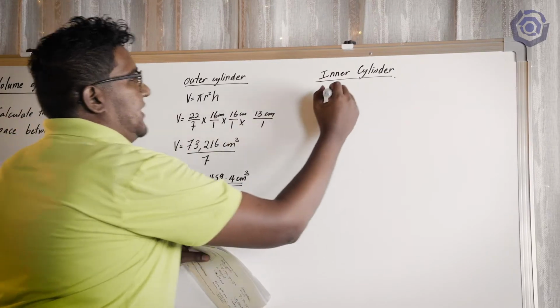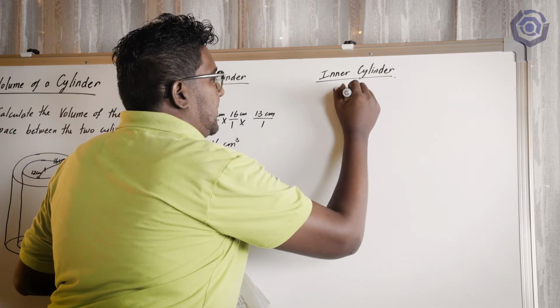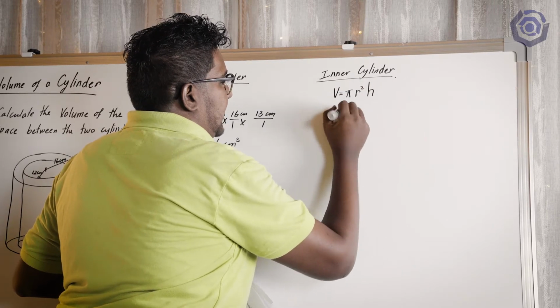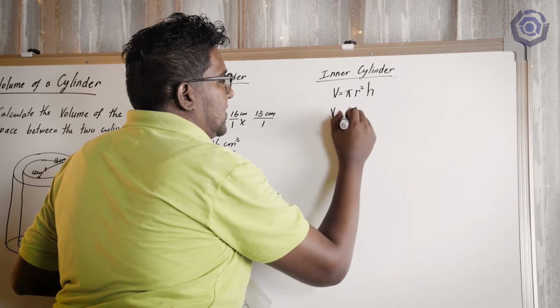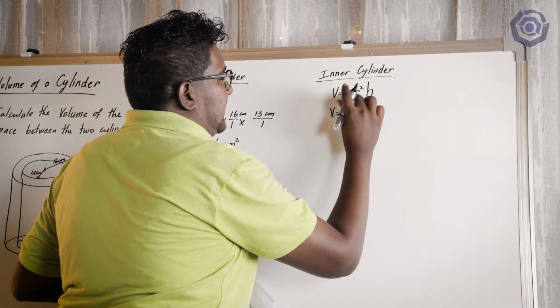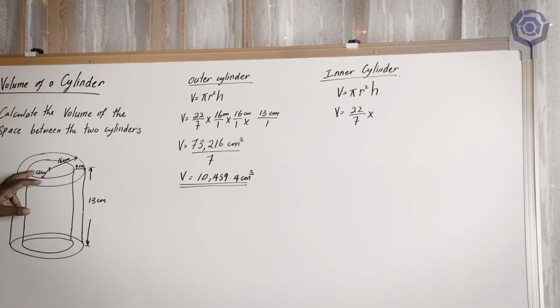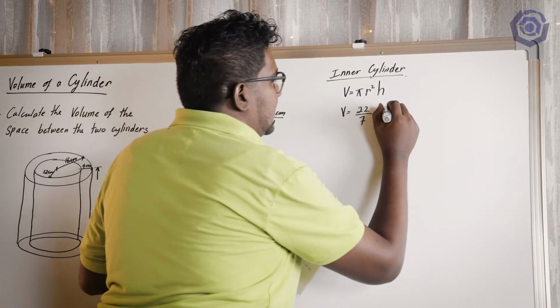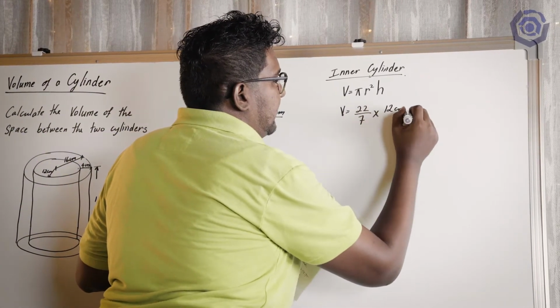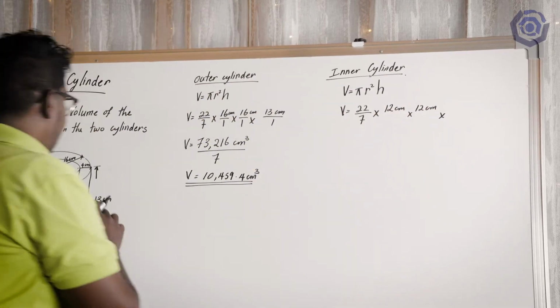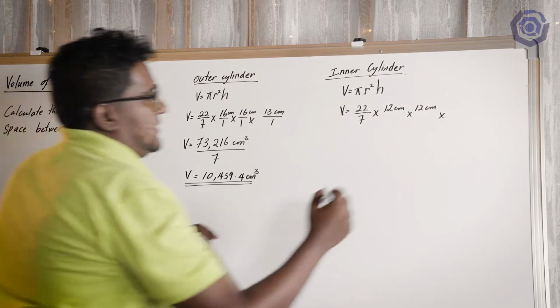So again, the formula V is equal to pi r squared h. V is equal to pi, which is 22/7, multiplied by r squared. We just found r to be 12 centimeters. So that's going to be 12 cm times 12 cm multiplied by the height, which is 13 cm.